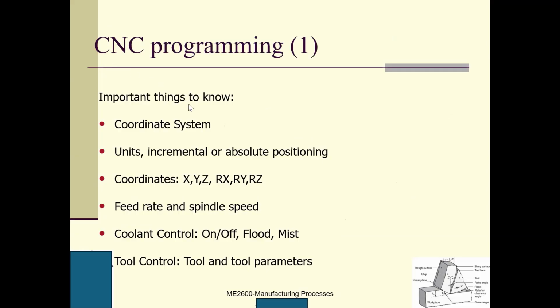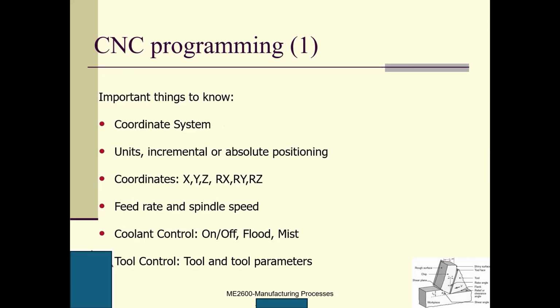Here are important things to know for CNC programming. There are a lot of positions, from one position to another, so we should know the coordinate system of the machine. This is very similar for industrial robots. By the way, industrial robots or industrial arms are also called automation.